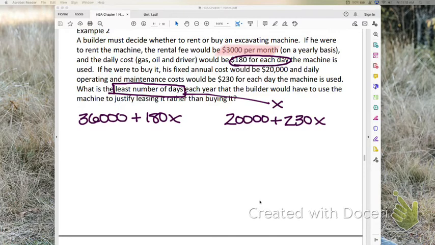In other words, we would like the cost of rental to be less than the cost of buying. Which way do I put my inequality sign? Which side do I want to be less? I want the left side to be less, so I want that to be that. Take a minute and solve.